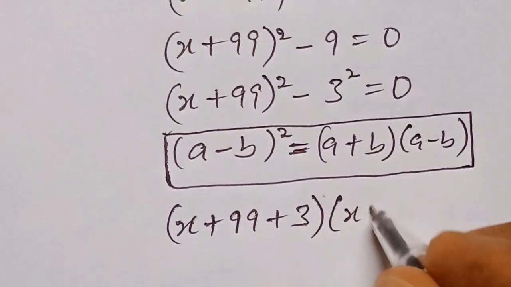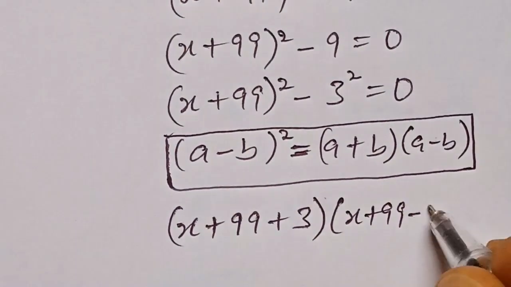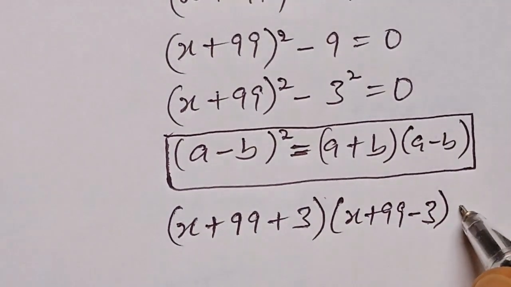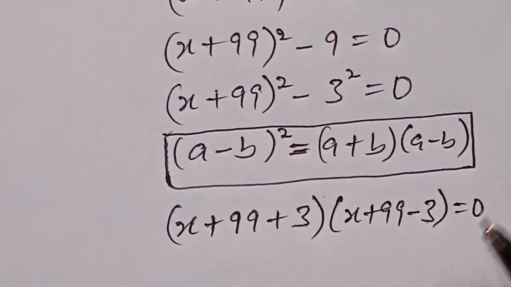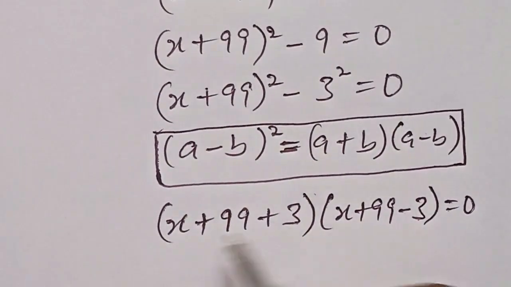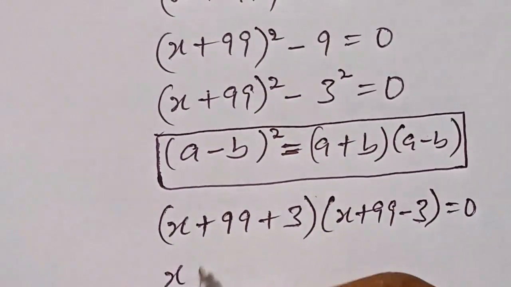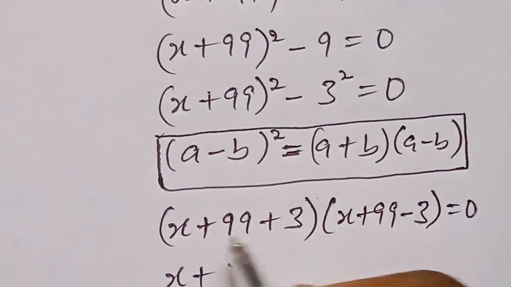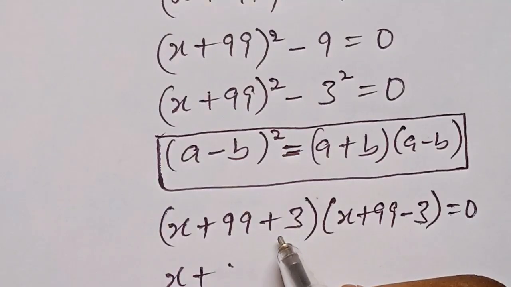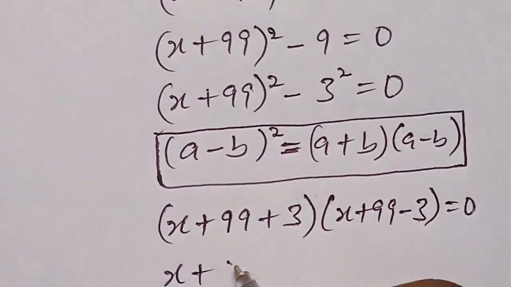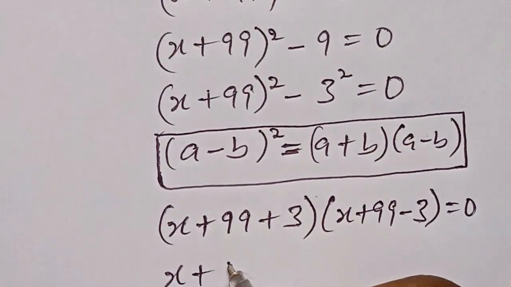We also have (x + 99 - 3) equal to 0. So now we simplify the expression in the bracket. We have x plus 99 plus 3, and that will give us 102.